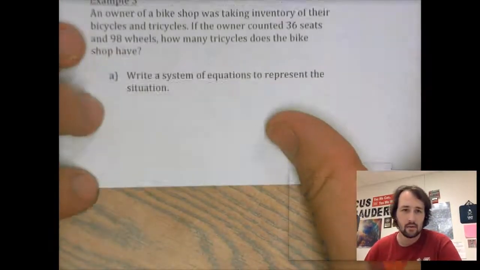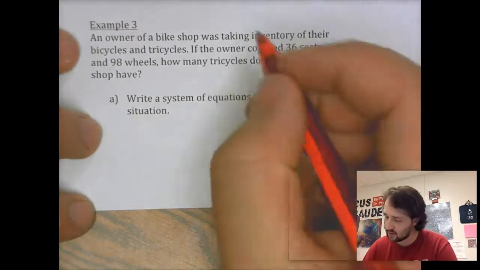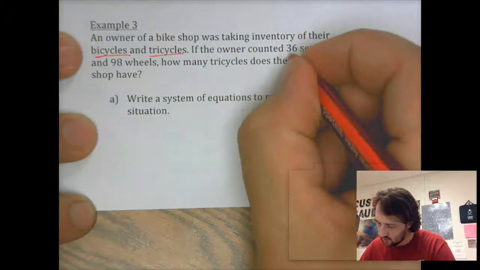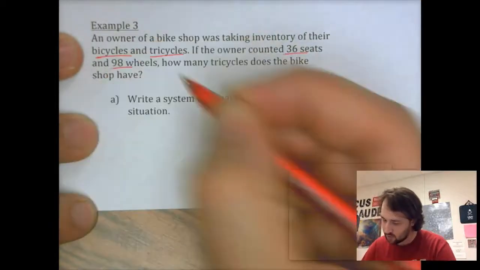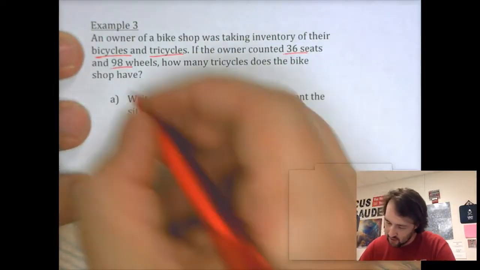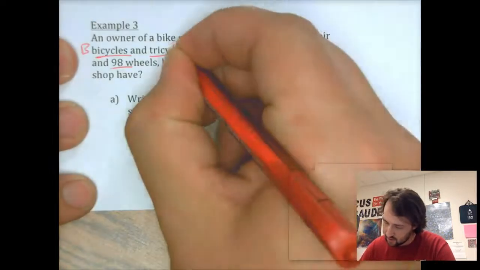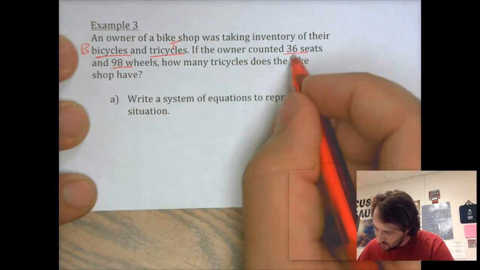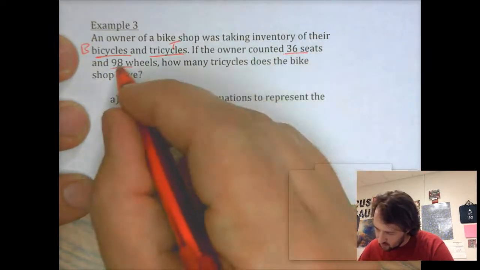Well, here we have two things. It's telling us that we have bicycles and tricycles. We have 36 seats and 98 wheels. A bicycle, I'm going to call that B, and a tricycle T, because bicycles should have 2 wheels.